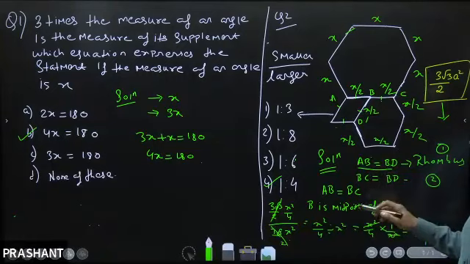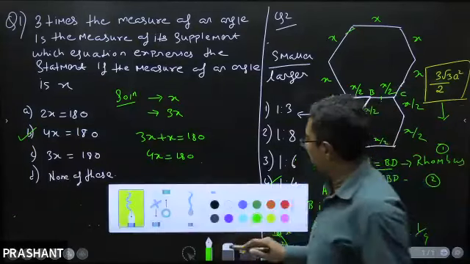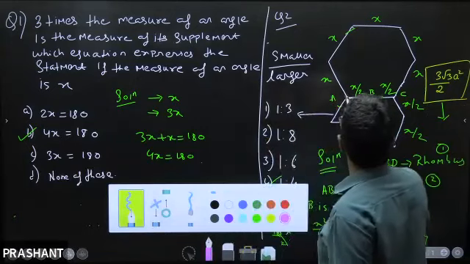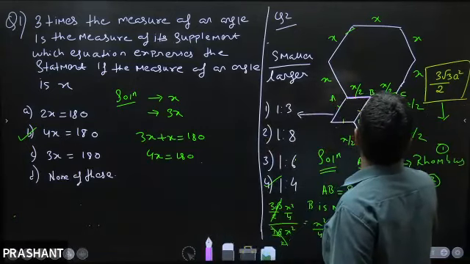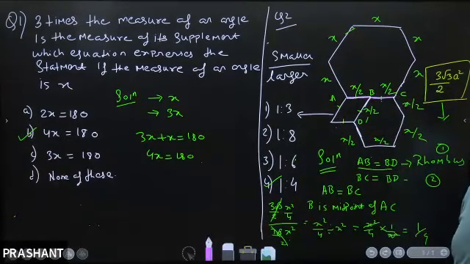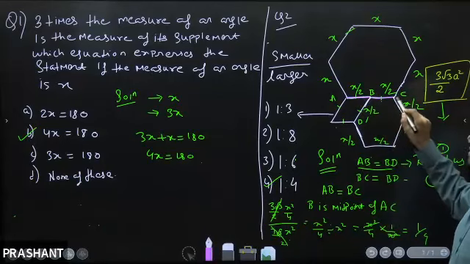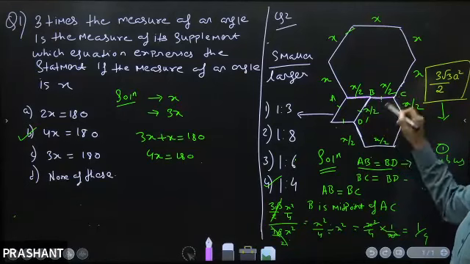Yes, sir. So AB is equal to BC, matlab AB, this one. AB is equal to BC means this is your AB and this is your BC. Correct? So what we get, if AB and BC are equal, that means B is a midpoint of AC.